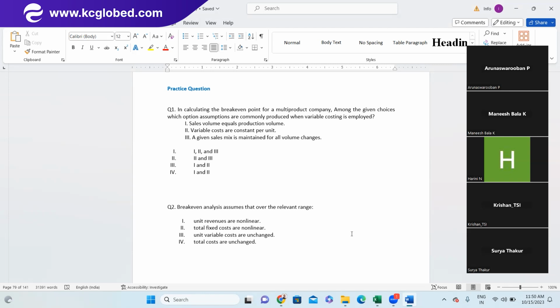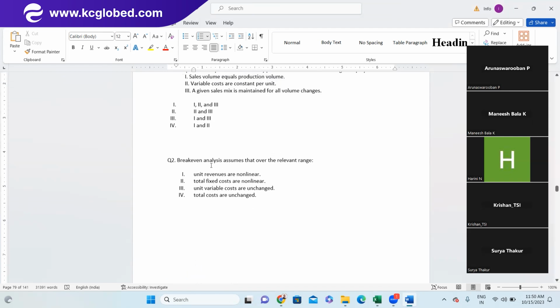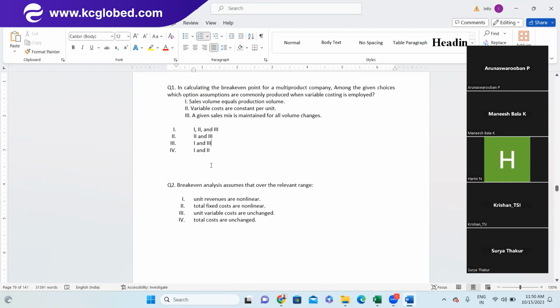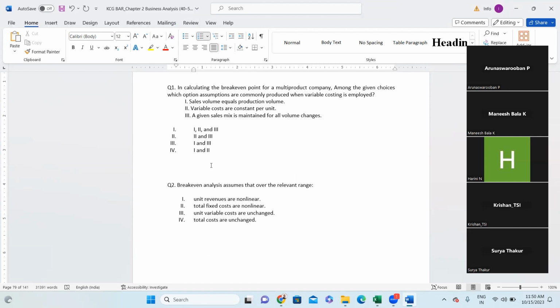A given sales mix is maintained for all volume change. So when you are doing variable costing, two factors impact the most, or one, second option is correct.